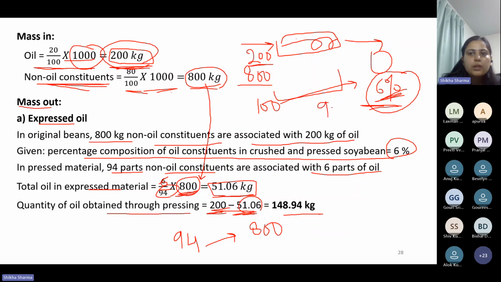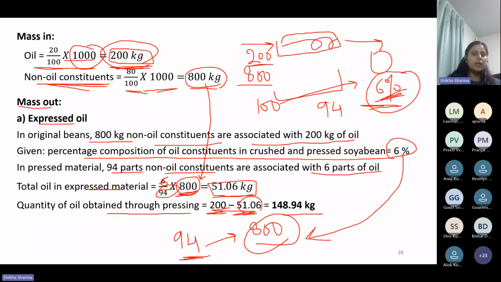So 94 is the non-oil part, which has 800 kg of weight, because the 6% oil is mixed with this 800 kg part, right?